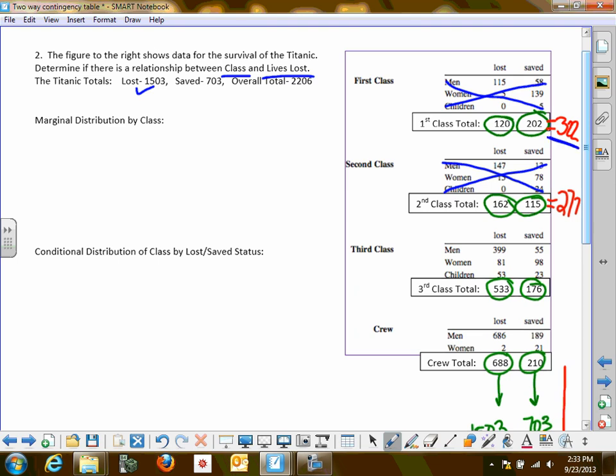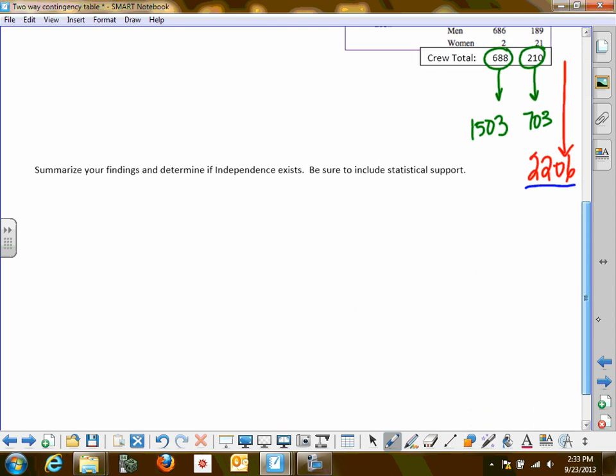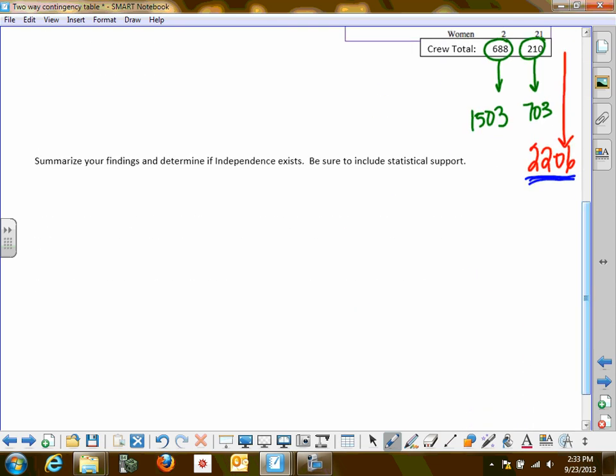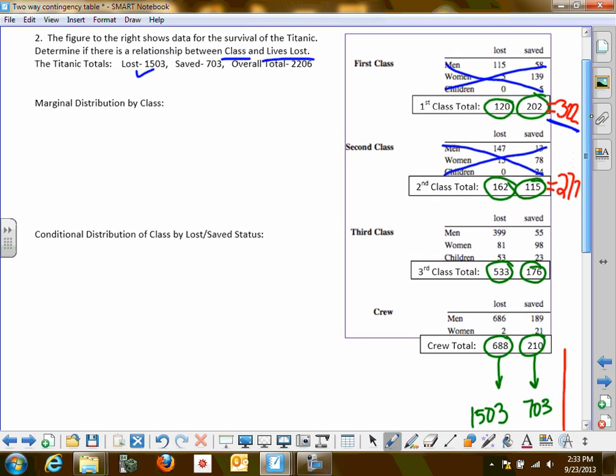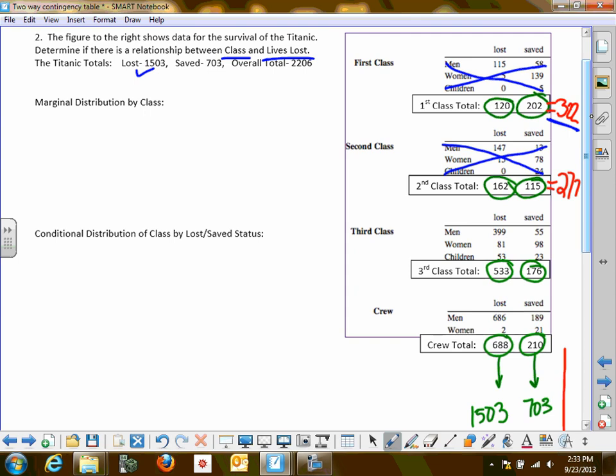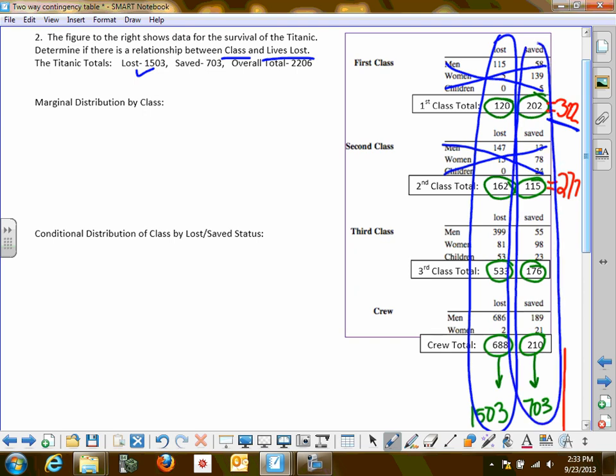Class total divided by the total. Good. That would be your marginal. And so then, can you tell me which direction I would do my conditional? Would I go across? Okay, I'm going to go top to bottom for lost, top to bottom for saved. Those are going to be my conditional ones. All right, very good. So those are both the two-way table, independence versus not independence. Remember, we do not say dependent.